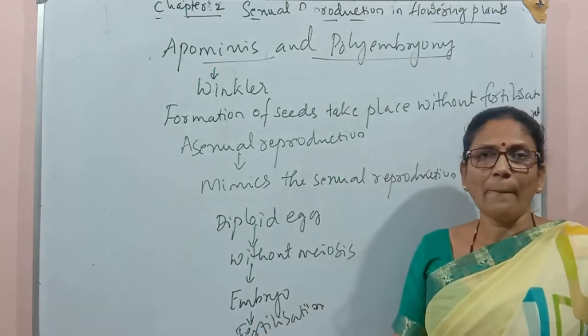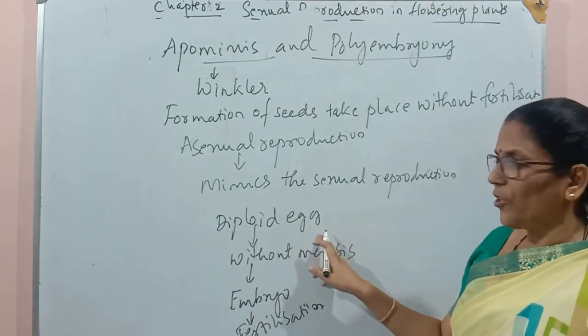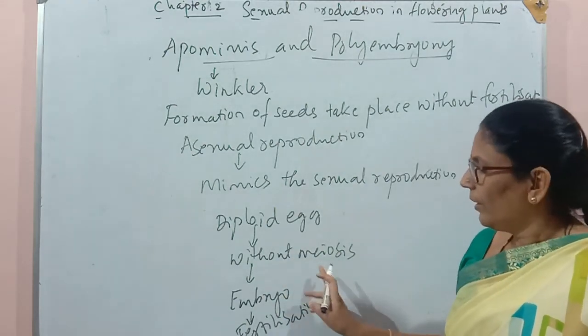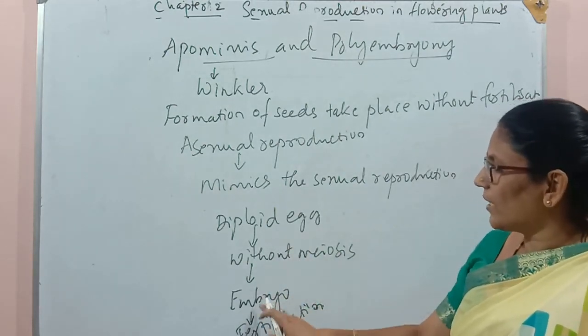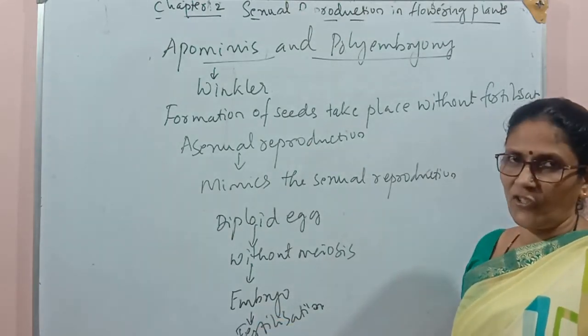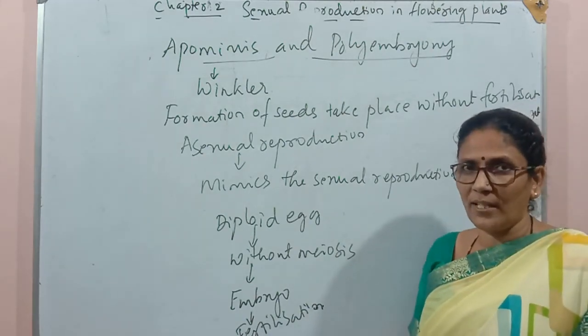In such a way, apomictic seeds are formed. A diploid egg forms without meiosis or reduction division, and such an egg directly develops into an embryo without fertilization.